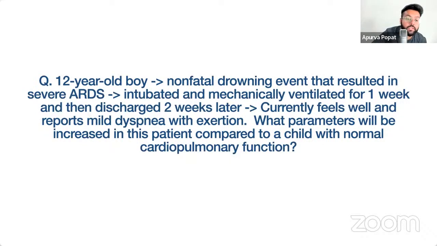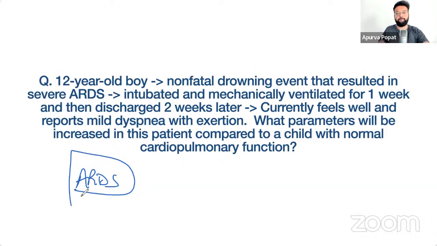For that, you have to know the stages of ARDS. What's one of the famous complications of ARDS which we can expect in the patient? Pulmonary hypertension. You can get pulmonary hypertension indirectly, but first of all, one of the complications of ARDS is what?